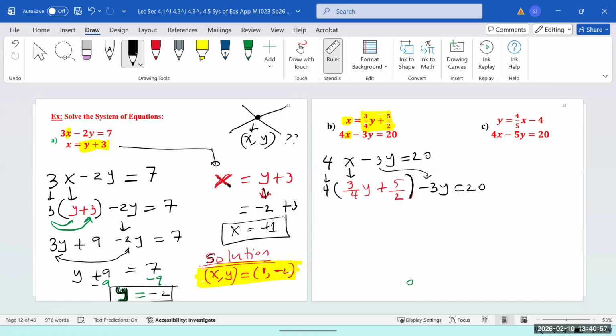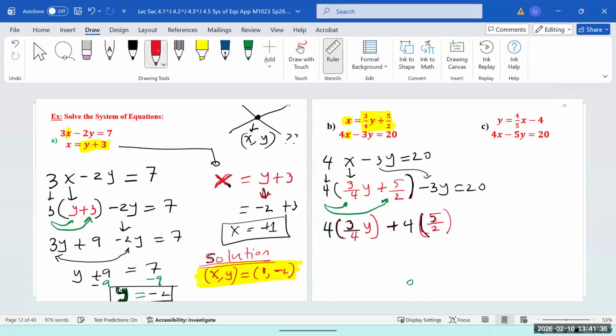What are you supposed to do? Multiplication or subtraction? Multiplication. So at least we know that we're going to multiply, or distribute, this 4 into both terms inside. So let's do that. We have 4 multiplying 3/4y, and then plus 4 multiplying 5/2.